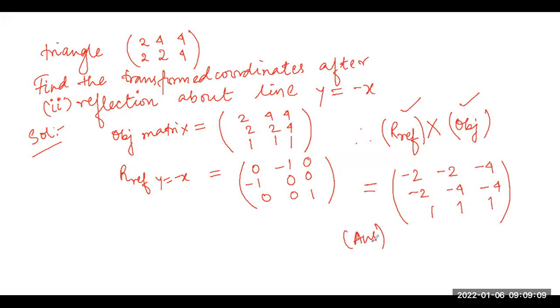So if it is said that the triangle you started with this and finally the transformed triangle is this one after reflection through y is equal to -x. Okay, so this is my new triangle matrix, new triangle coordinates. Fine.